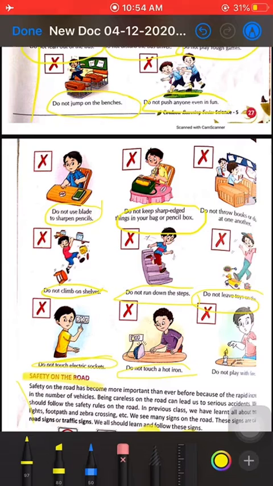The iron with which we iron the clothes, we should not touch it, especially when it is in use, and even after a while, for 15-20 minutes, we should not touch the hot iron. Do not play with fire. Of course, we all know that fire is such a dangerous thing, so we should not play with fire at all.